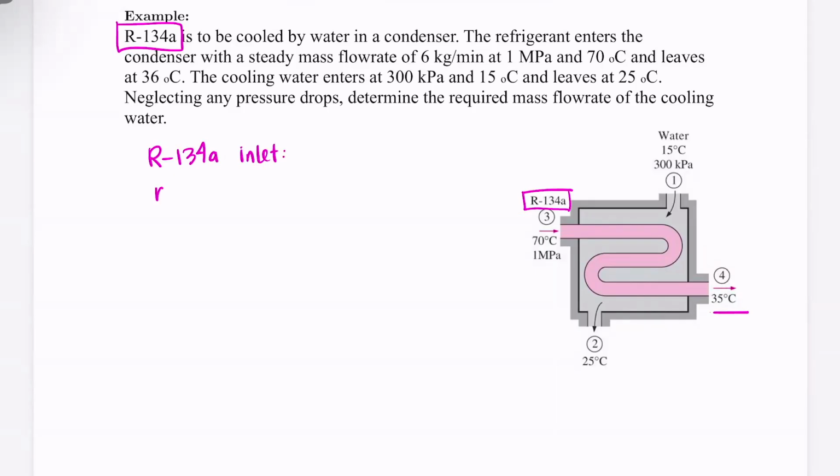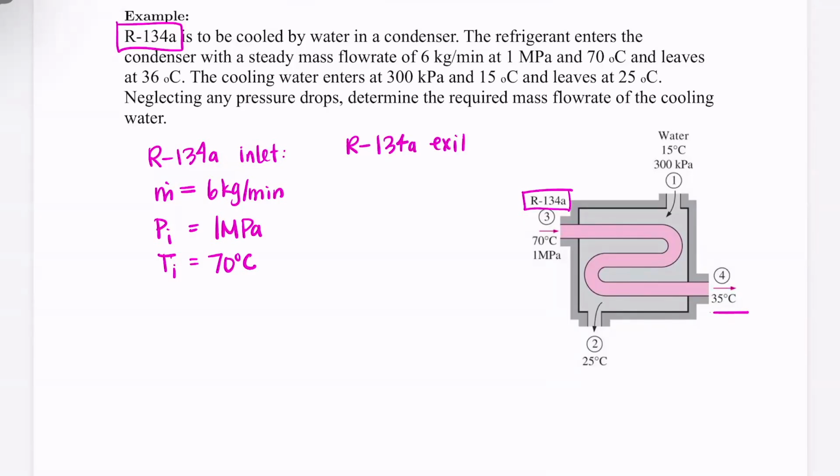We have m dot is equal to 6 kilograms per minute. P inlet is 1 MPa. And then T at the inlet is 70 degrees C. All right, and then for the exit, we have the following. So again, our m dot is 6 kilograms per minute.